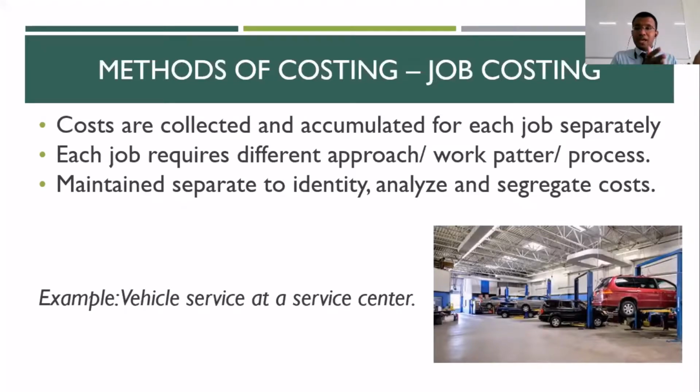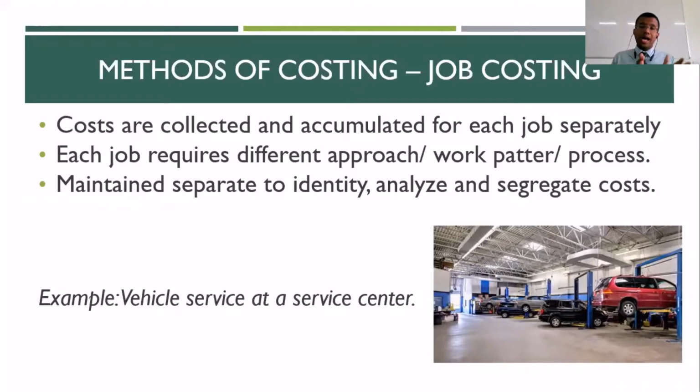Now the jobs would vary from one job to another. So here what happens is you would calculate the cost associated with a specific job. You would try and correlate all the costs that you have incurred with respect to that, and then you would try and determine the total cost.